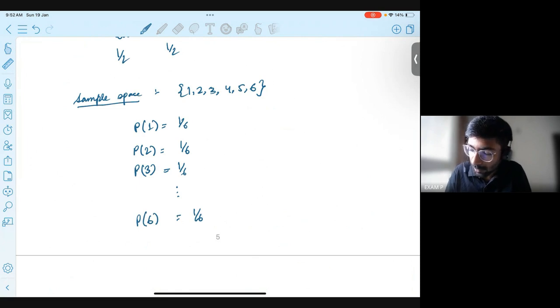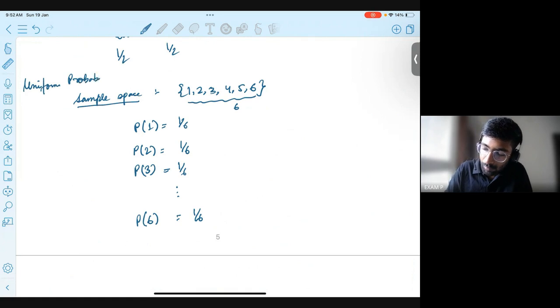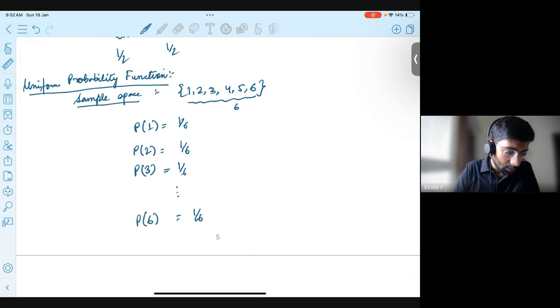So there were a total of 6 outcomes, and the probability is 1/6 for each of them. That means this is a uniform probability function, uniform because you are attaching the same probability to each of the different outcomes in the sample space. Okay. This is about the uniform probability function.